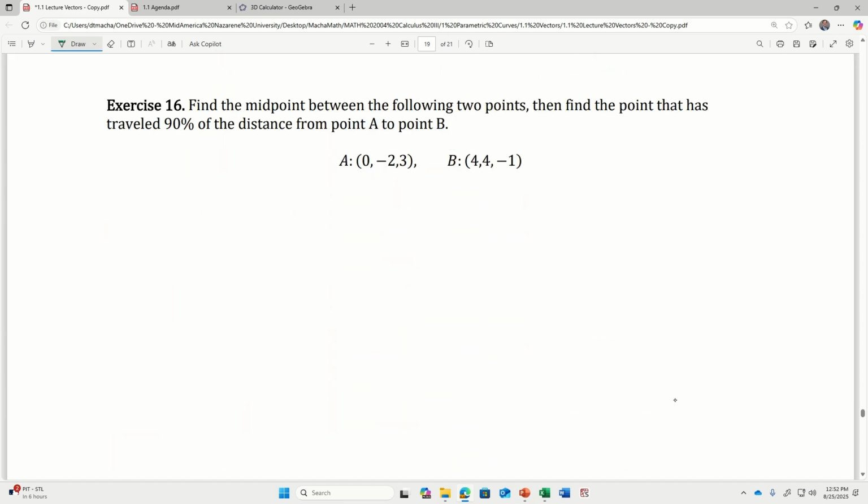Exercise 16, find the midpoint between these 2 points. How do I find the midpoint? Divided by 2. Or find the length of the line divided by 2. Do I need to find the length of it? The distance between the 2 points divided by 2.